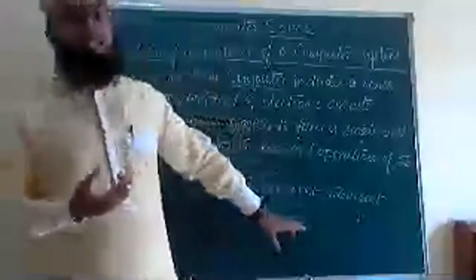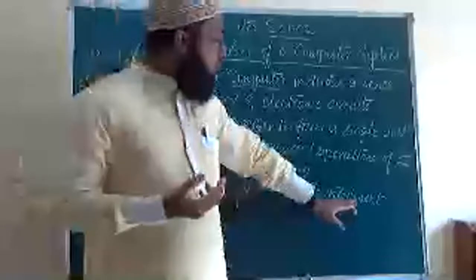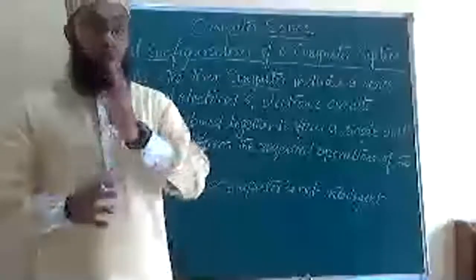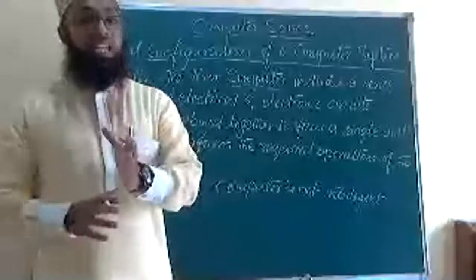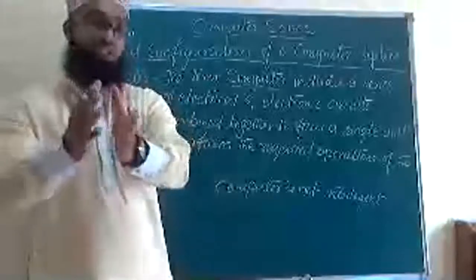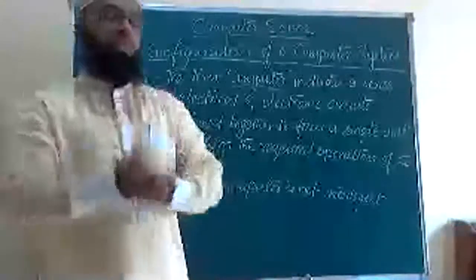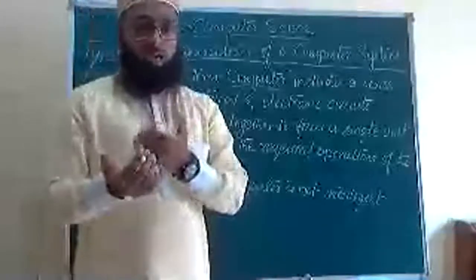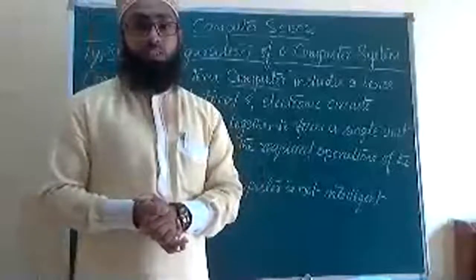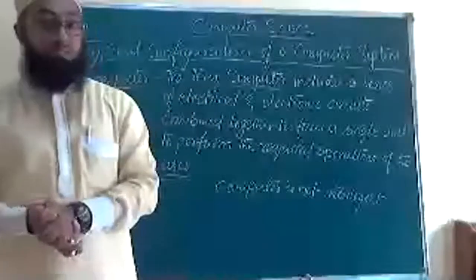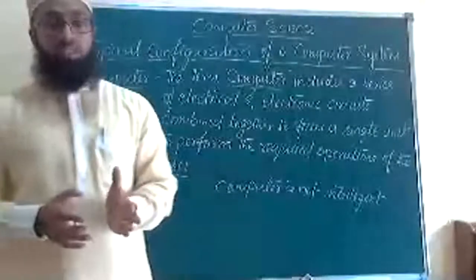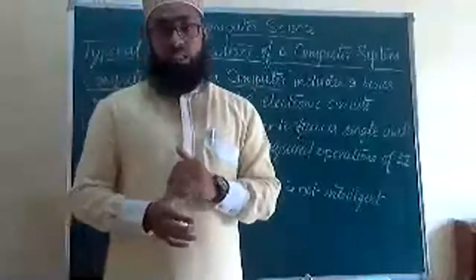I will explain. A computer is not at all intelligent because it will not perform any operation or any task by itself. If you just switch on the computer and keep it on the table and stand before it, will the computer perform any operation? No, it is not possible for the computer to perform any task or operation by itself.